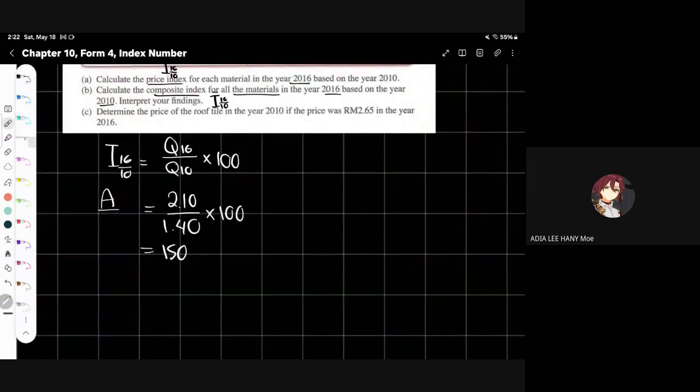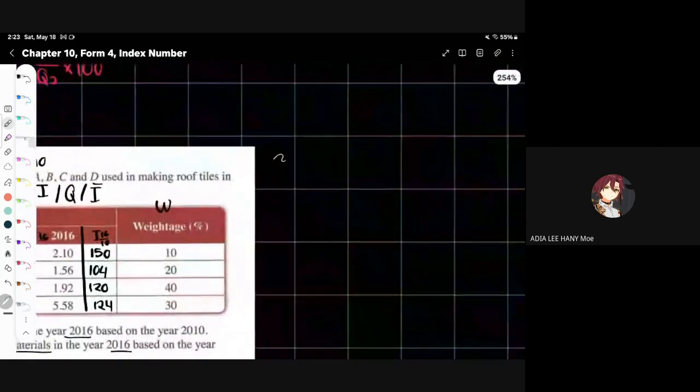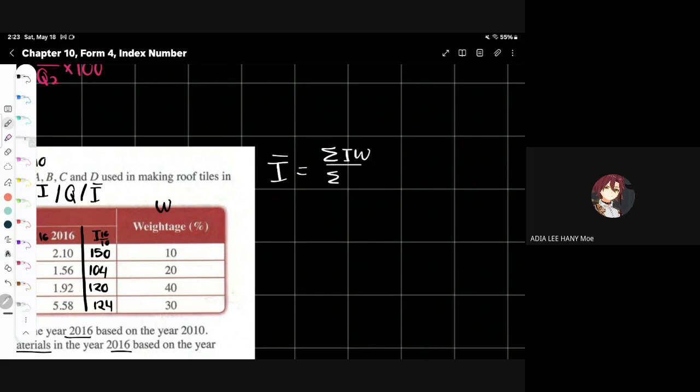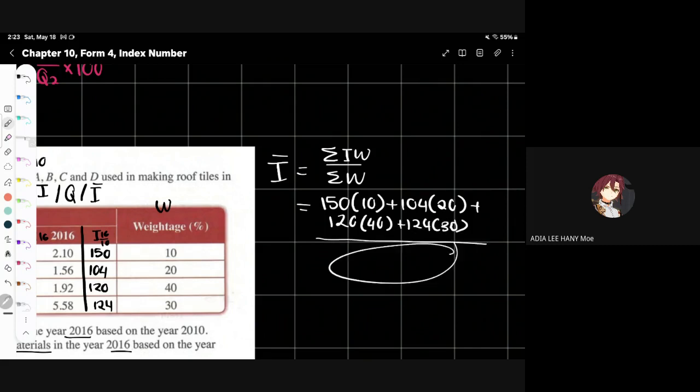So how do you do the composite index? Don't forget the formula for composite index. The formula is the sum of I and W over the sum of W. So let's do it one by one. If I were to write it, it is 150 times 10 plus 104 times 20 plus 120 times 40 plus 124 times 30, over how much is the total at the bottom?